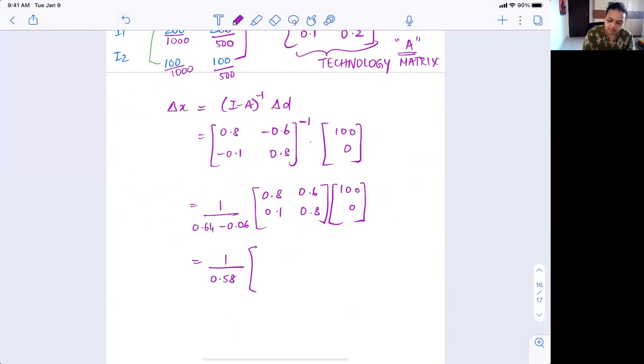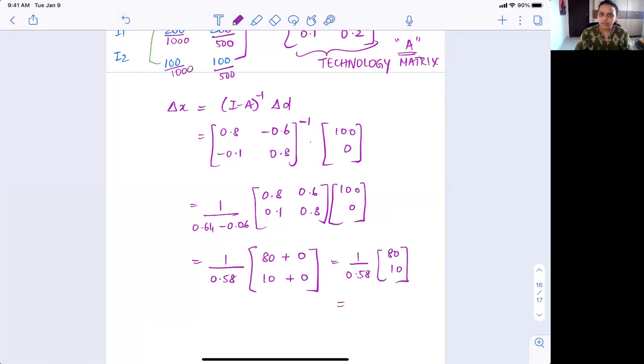Let's take a product here. So 0.8 into 100 will be 80, and then you have a 0 there, and this will be 10, and it's another 0. So we do 1 by 0.58 into 80.